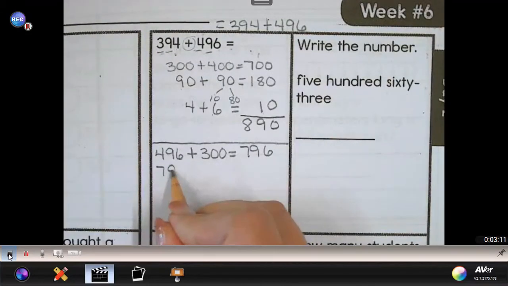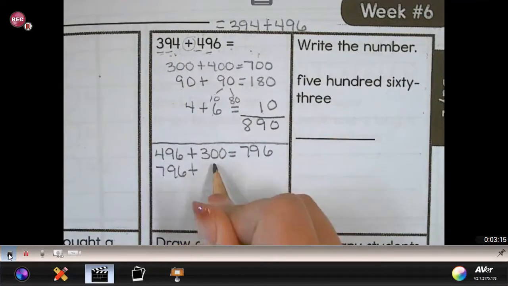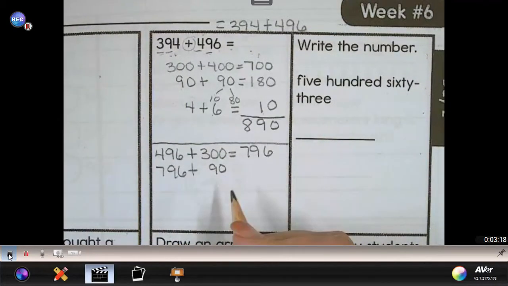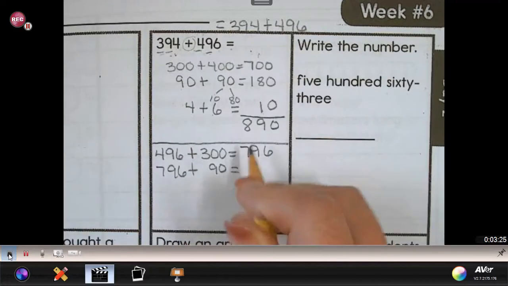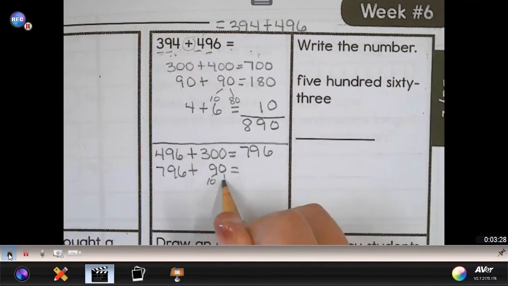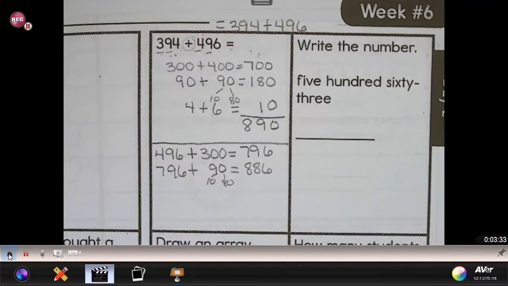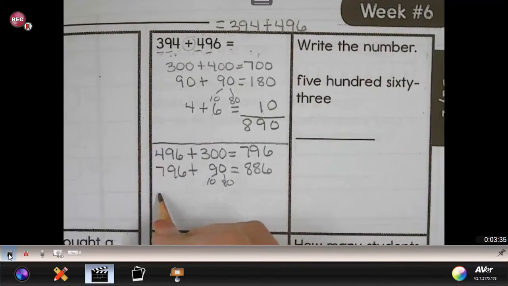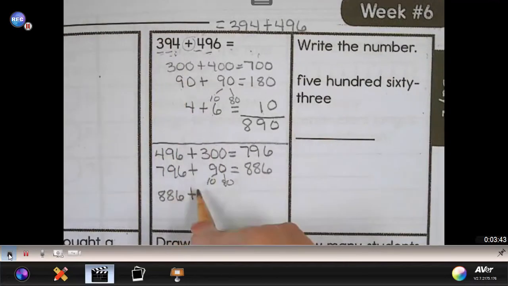We could take 796 and add 90 here from the 394, and that would tell us that we're going to add one more 10, which would be 806. 806 plus 80 more would be 886. And then if we take that 886 and add 4 more, we would get 890.